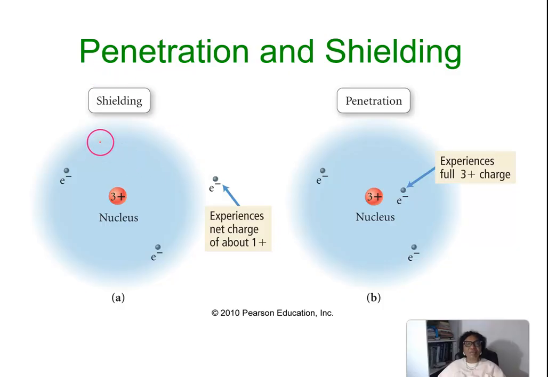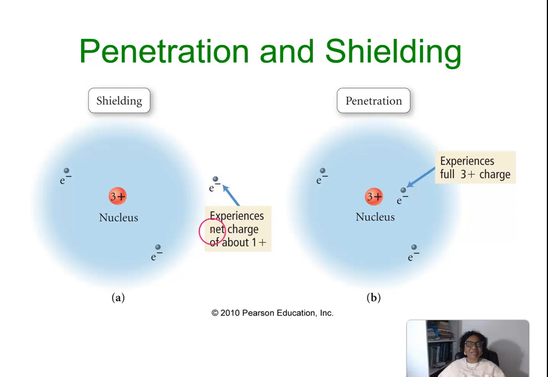So we'll take, for example, look at shielding. So this is a nucleus, it has +3 charge. Then we have these 2 electrons. Then we have a third electron.